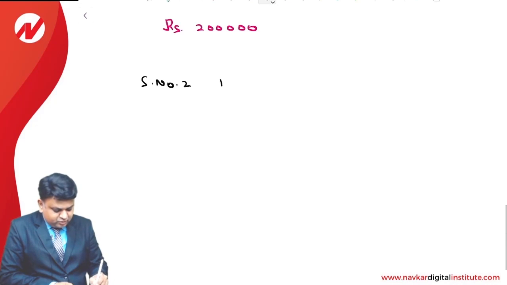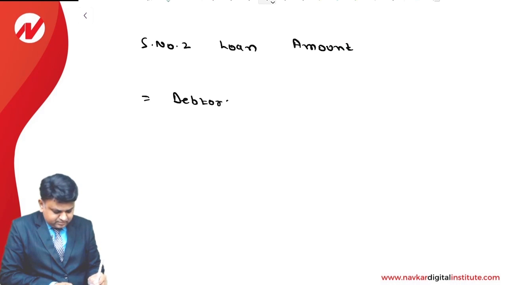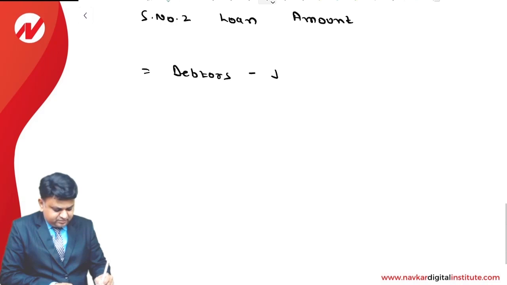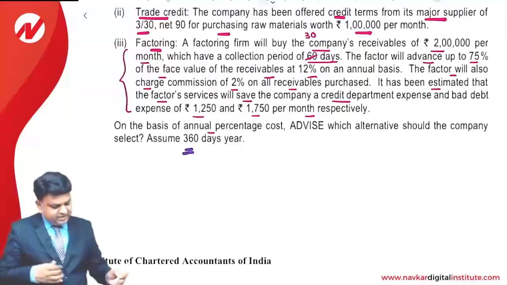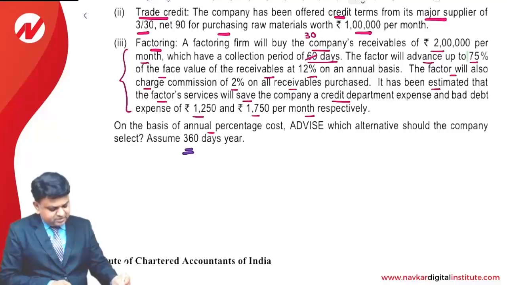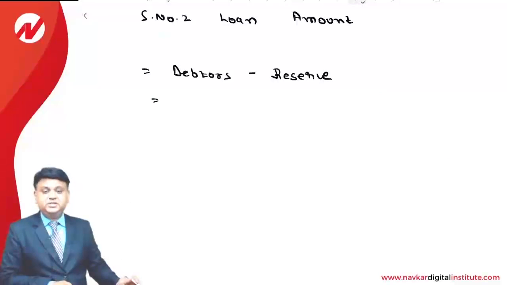Step number 2 is loan amount. Loan amount will be calculated as debtors less reserve. It has been provided to us that the factor will advance 75% of the face value of the debtors. It is a clear indication that 25% is the factor reserve.